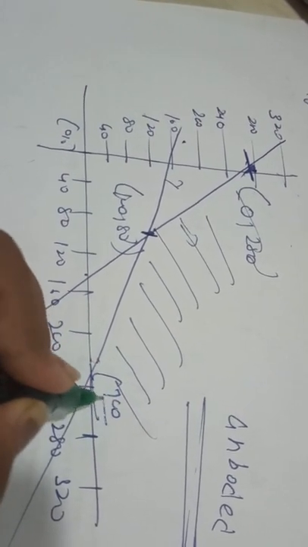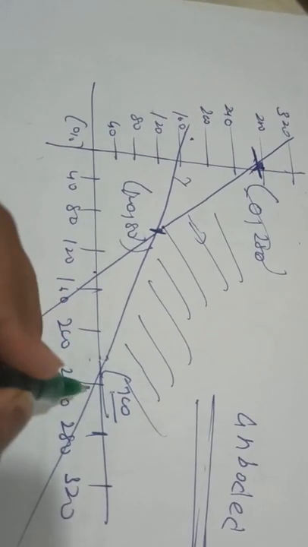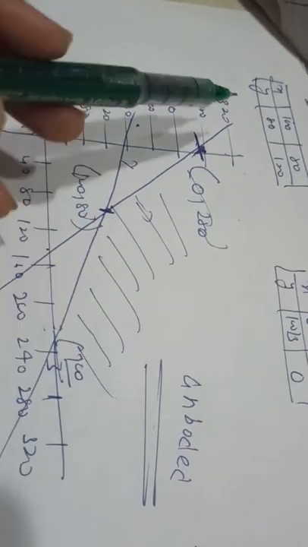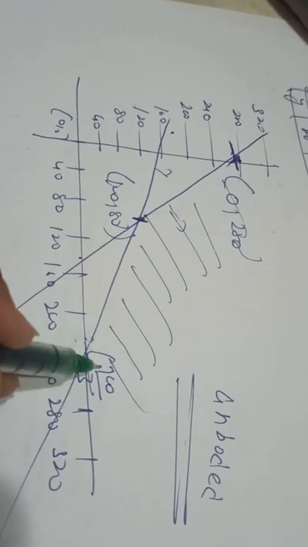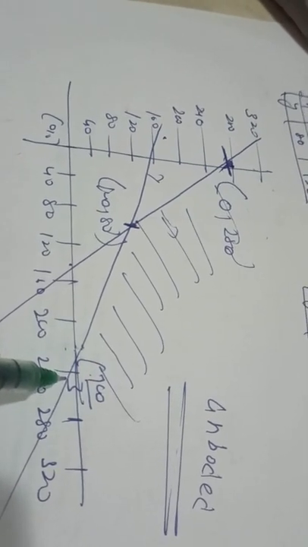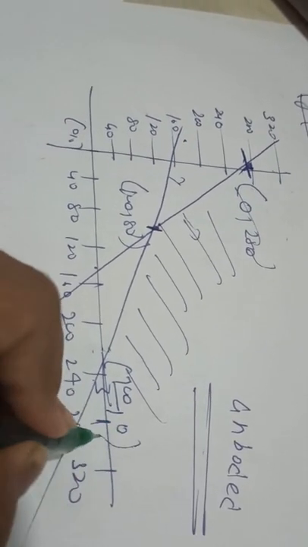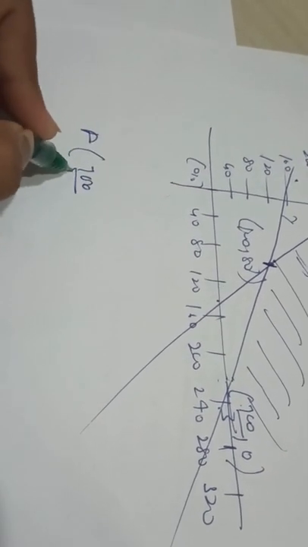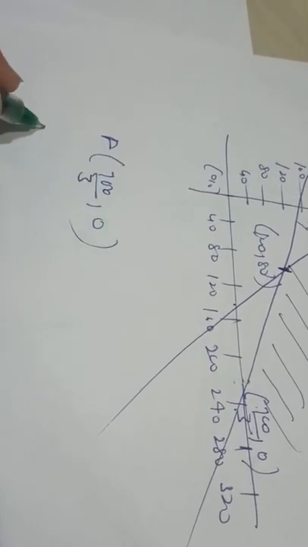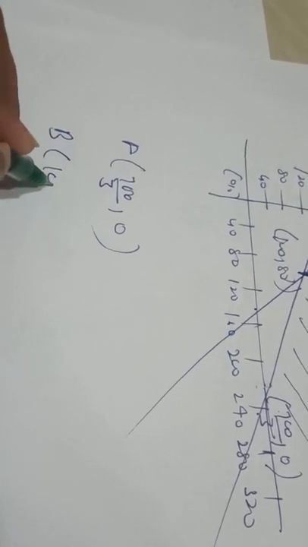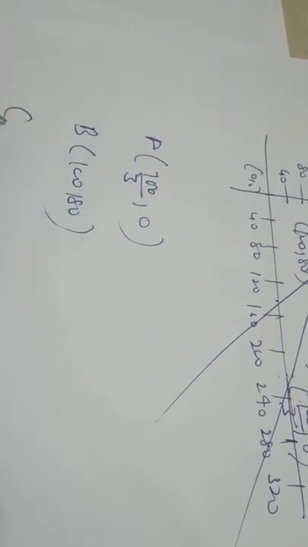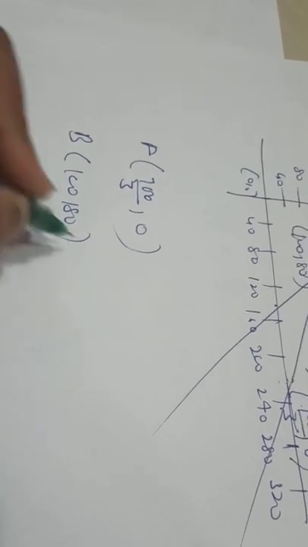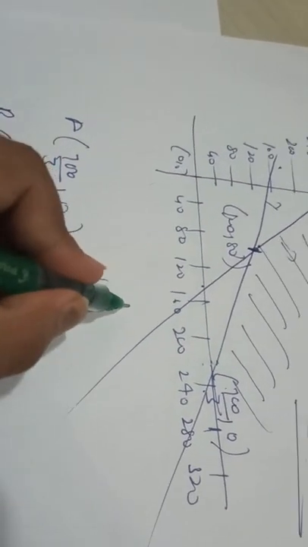It's not exactly 240, so you'll find this using the graph, or simply you can put y equal to 0 in the second equation to get this value. So these are the three corner points. I'm getting 700 upon 3 corresponding 0 point, then 100 and 80, then the C point is my 0 and 280.